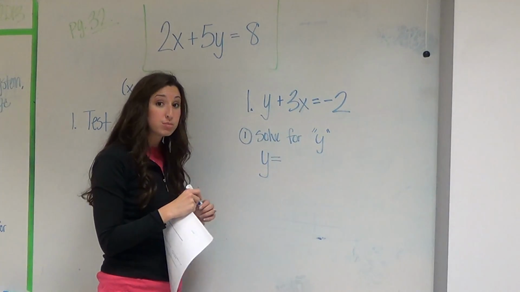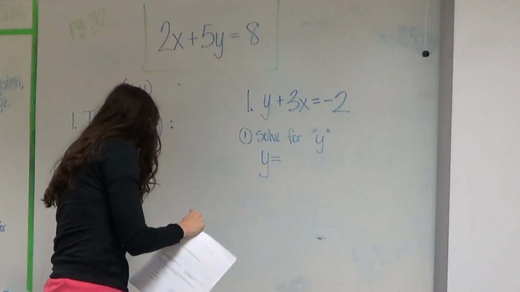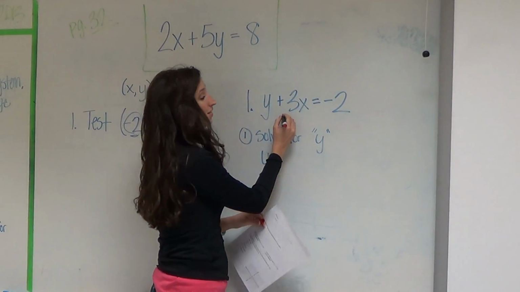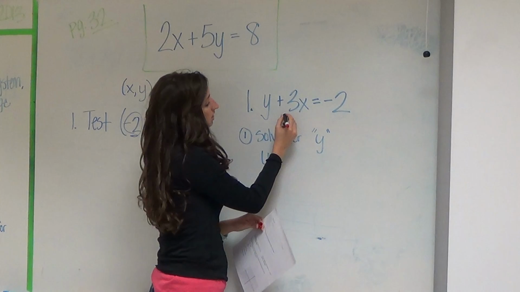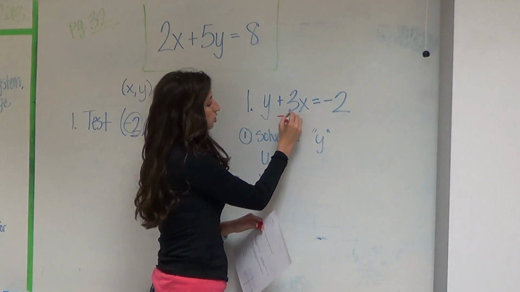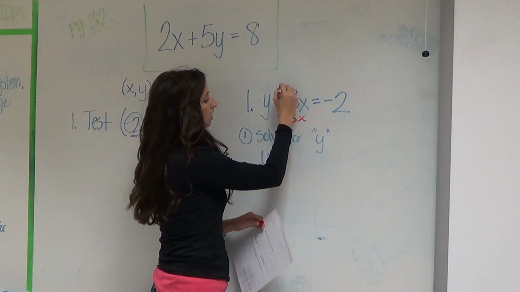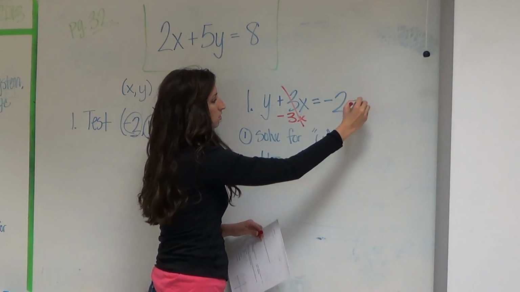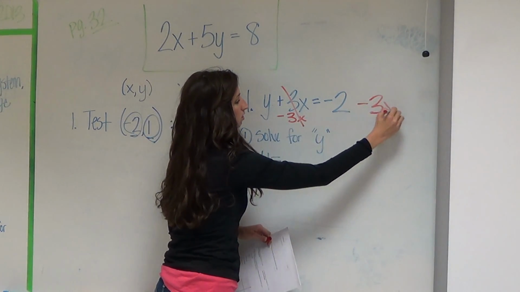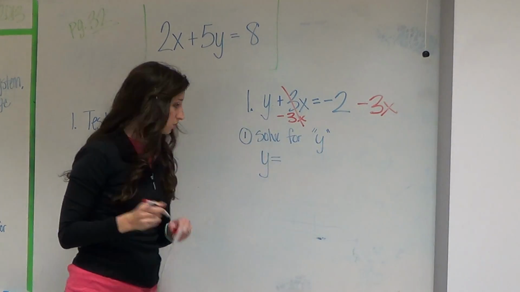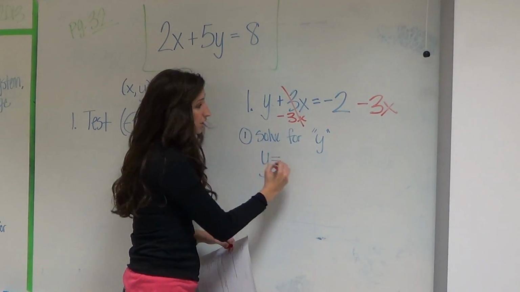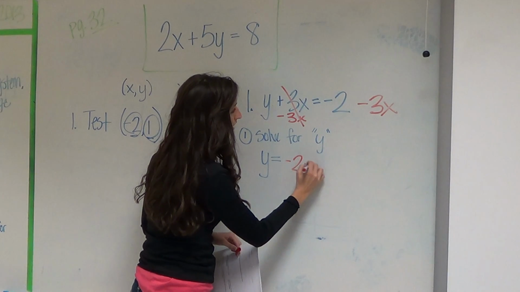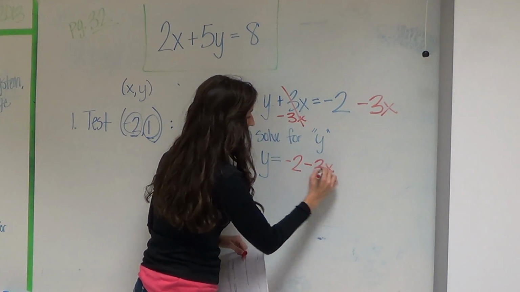So if I were to remove everything else, I have to get rid of this 3x. To get rid of a positive, subtract it. Cancels. Now I have y equals, and I put it to the other side, minus 3x. So in your notes, it should say y equals -2 minus 3x.